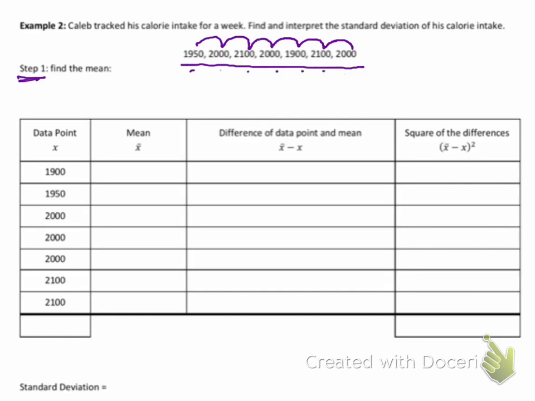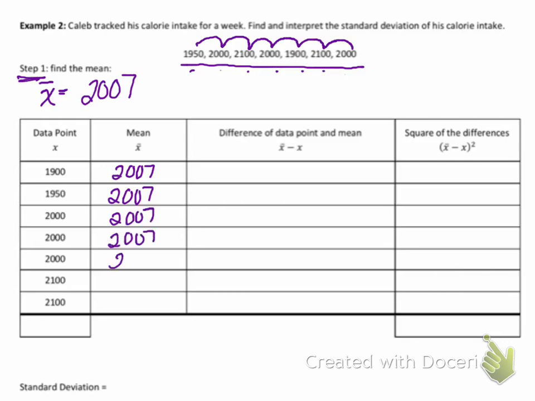I get that my mean is 2,007. When we're finding standard deviation, we use the symbol that's the x with a line above it. That means my mean. So in my chart below, I'm going to write 2007 throughout that entire column.